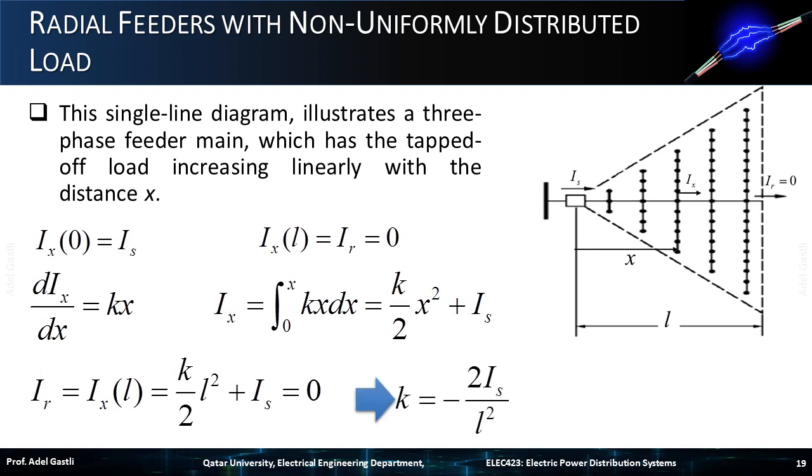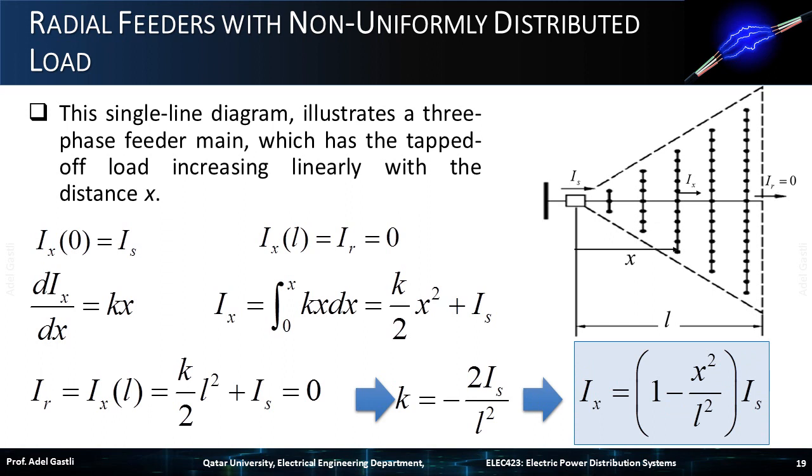Therefore, we can find that k equals 2 over L square. And hence, Ix equals 1 minus x square over L square, all times Is. This is the general equation of the current at any distance x on the feeder.